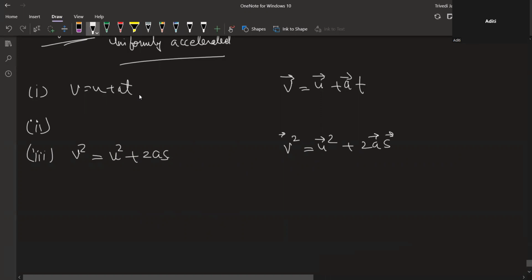And another equation: s vector is equal to u vector into t plus half a vector into t square.